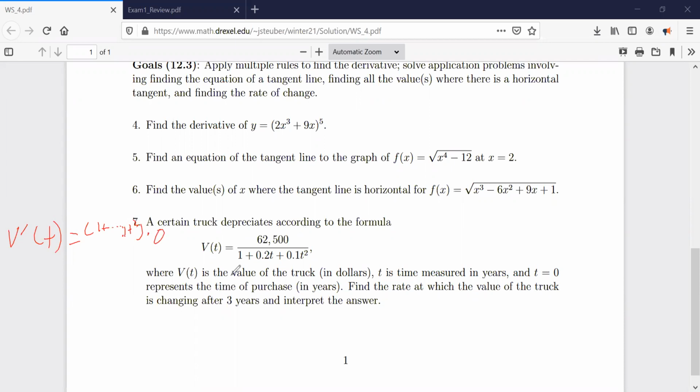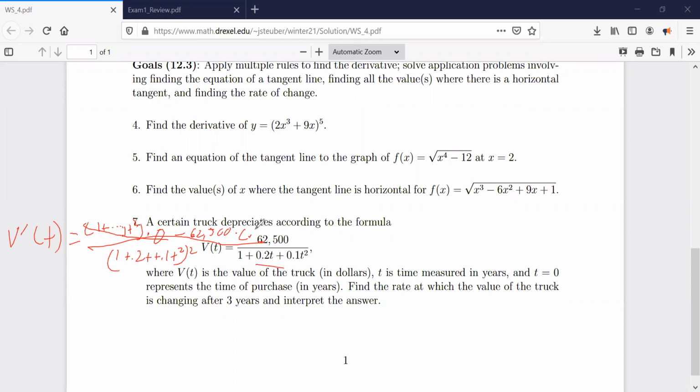The derivative of the top is 0, and that's why I didn't really worry about writing out the inside. This goes to 0. Minus top times derivative of bottom, all over bottom squared. So 1 plus 0.2t plus 0.1t squared, all squared. So what's the derivative of the bottom here?